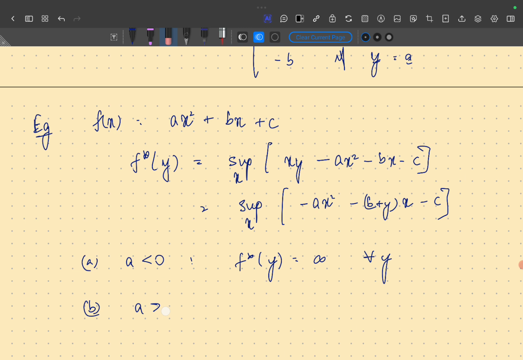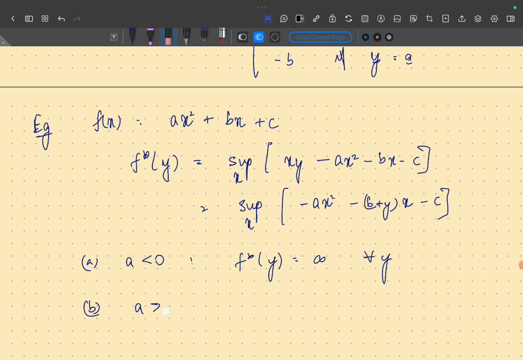Again, it's an easy exercise, so you can find f star of y, which is going to be finite for all y.